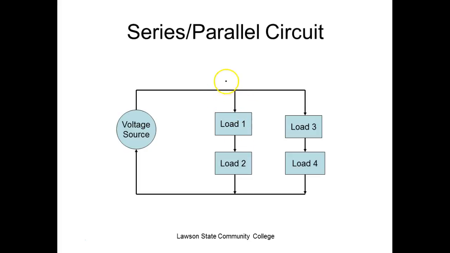If this was 50 volts, this guy right here might drop 25. This guy would have to drop 25. Over here, this guy might drop 30, and this guy would have to drop 20. It has to drop the applied voltage. But across them, if I add these together, I would measure 50 volts.